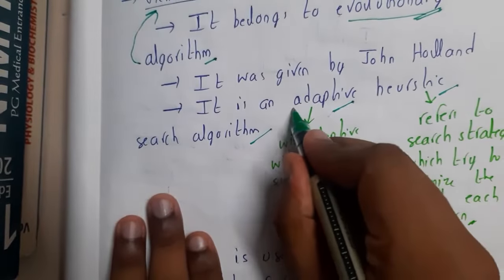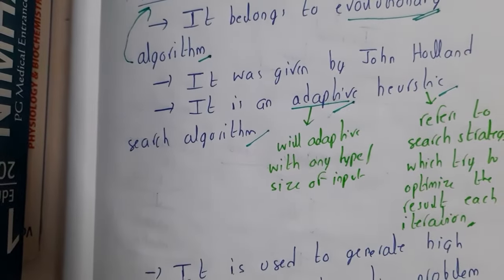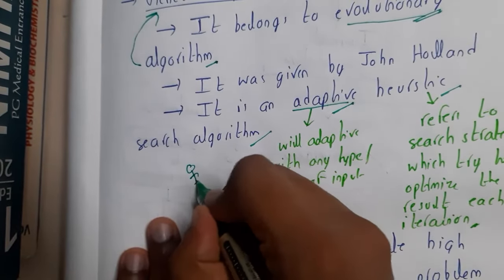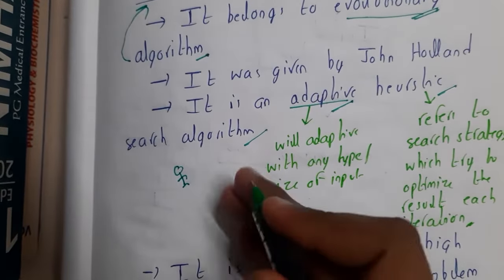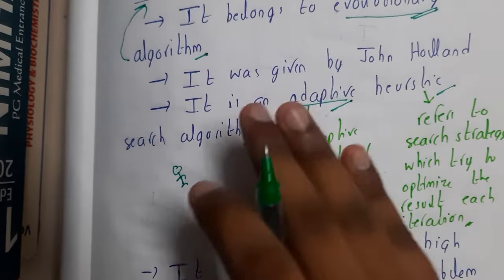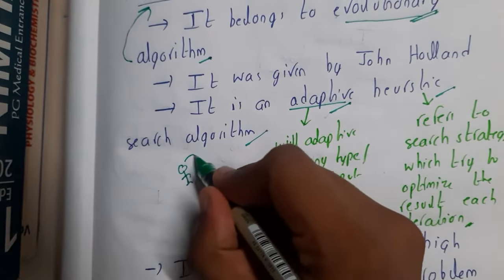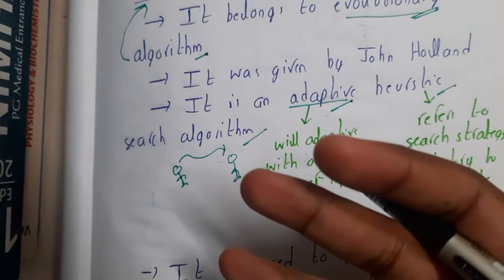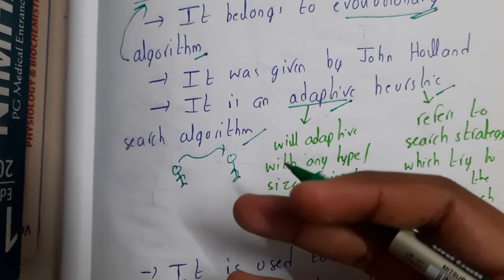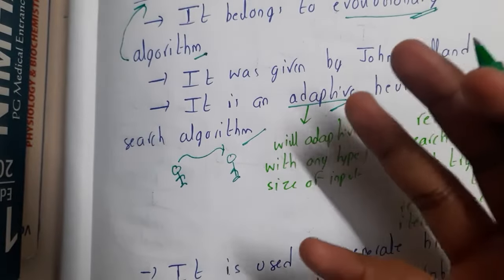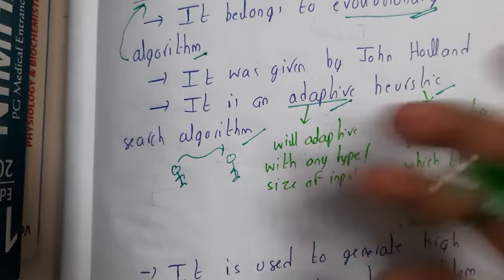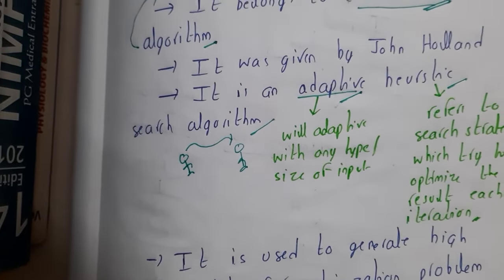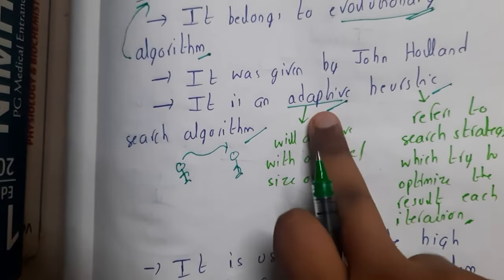The meaning of adaptive is this: assume you lived your first 20 years in India only, guys, and never went out of India. If you suddenly go to some other country or continent, you need to adapt to the temperatures and everything you are facing, right? That is adaptive.